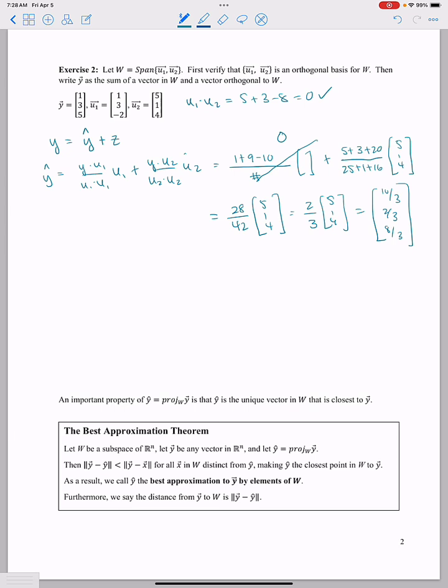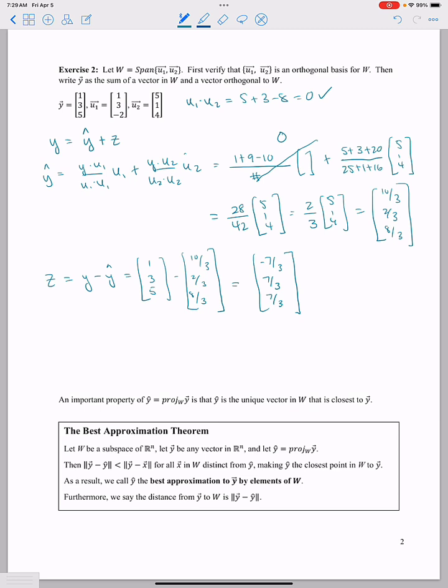Now to find z, it's y minus y hat. So y is 1, 3, 5 minus 10/3, 2/3, 8/3. So I have negative 7/3, 7/3, 7/3.